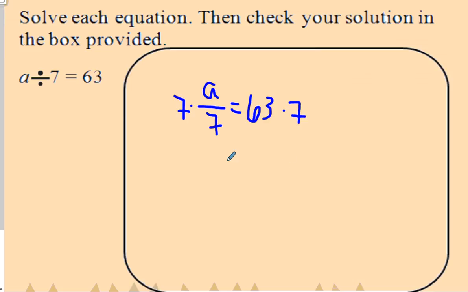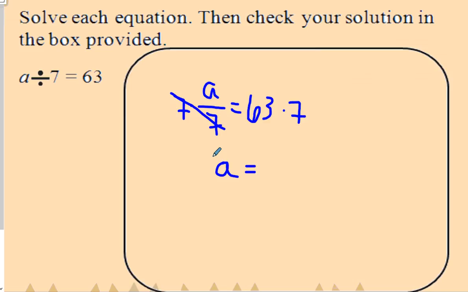The 7's go away on this side, so I'm just left with a. What I'm doing here is canceling them out. Basically that just means that they're becoming 1. It doesn't mean that they just poof go away, it just means they become 1. And as we know, before every variable there's always an invisible 1 that we need to make sure we know is there.